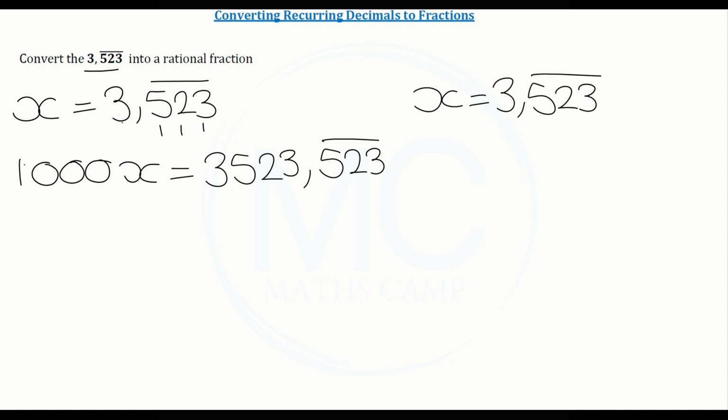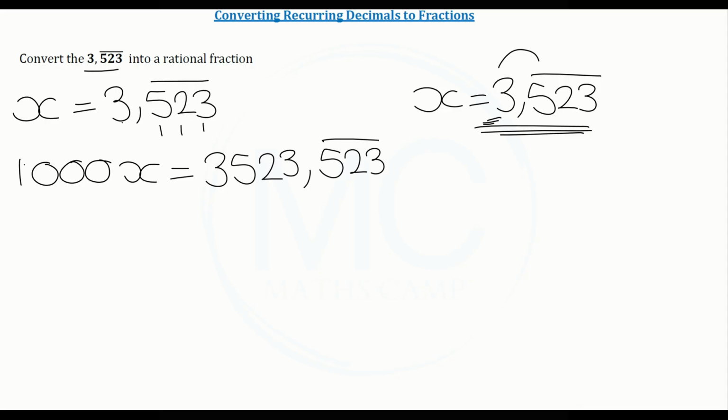And a lot of students look at this 3 over here and say, okay, I need to multiply by 10. But remember, we multiply by the amount of non-recurring digits after the decimal place. So in this case, we have no non-recurring digits, and this is still equation 2.